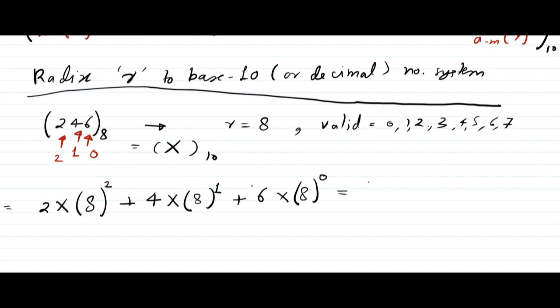So what will it be? It will be 2 multiplied by 64 plus 4 into 8 plus 6 into 1. What will the answer be? It will be 128 plus 32 plus 6.